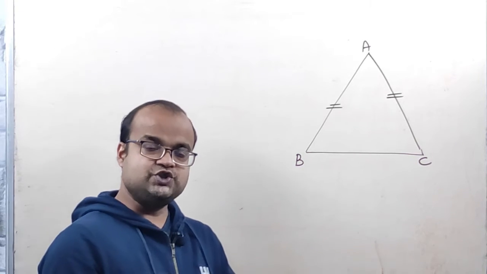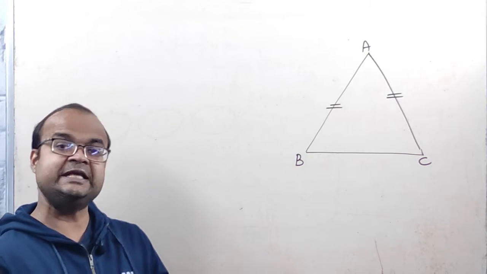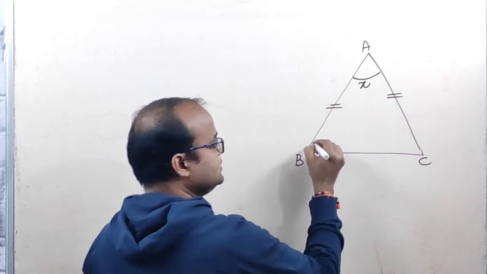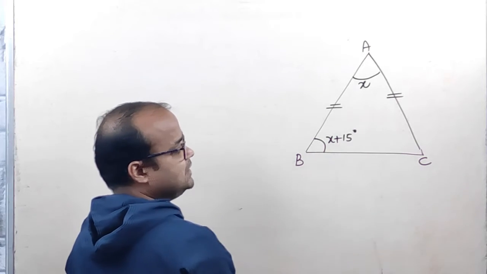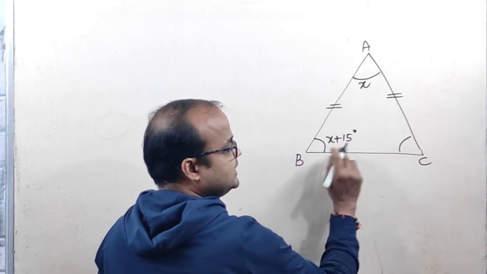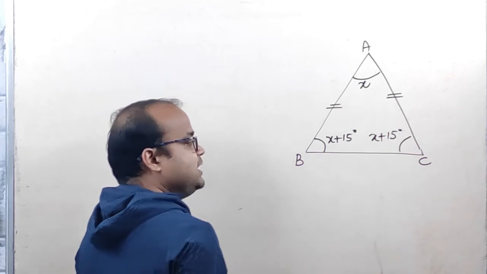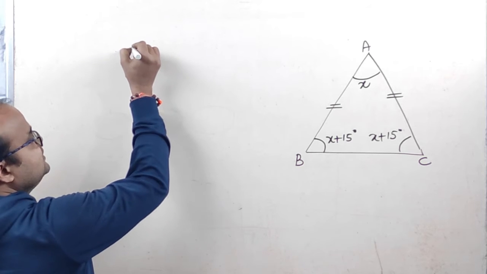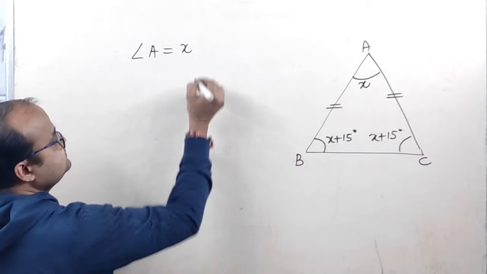Now in the question it is given that the base angle is 15 degree more than its vertical angle. So if the vertical angle is x, then the base angle will be x plus 15, and since AB equals to AC, angle B and angle C are equal, so both are equal to x plus 15. I hope you understand. So we assume that let angle A equals to x.